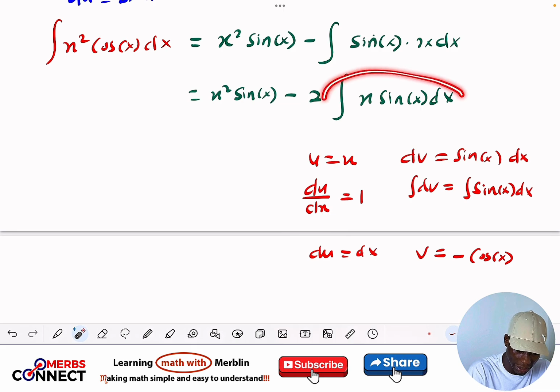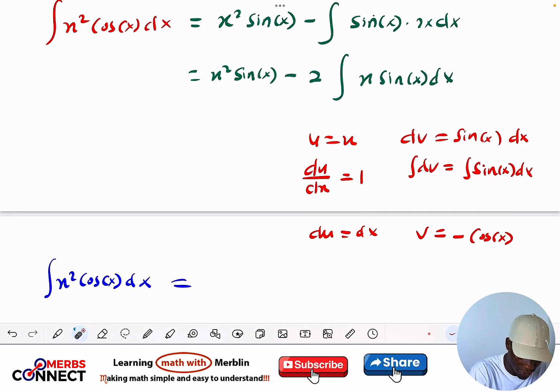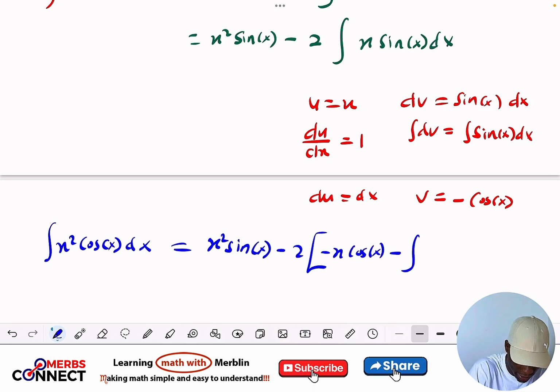So the integral of x squared cos x dx will be equal to x squared sine x minus 2, open bracket. Now what is inside this is where I'm going to use the integration by parts: u times v, which is x times minus cos x, minus the integral of v du, with v equal to minus cos x and du equal to dx.